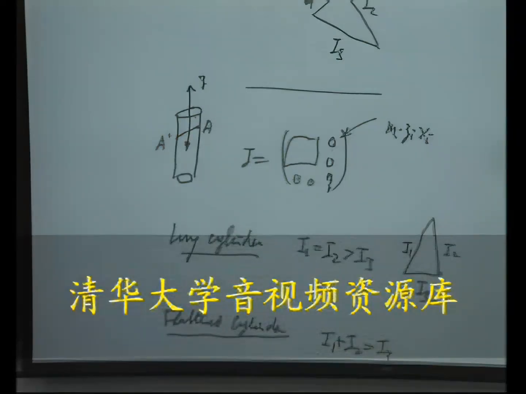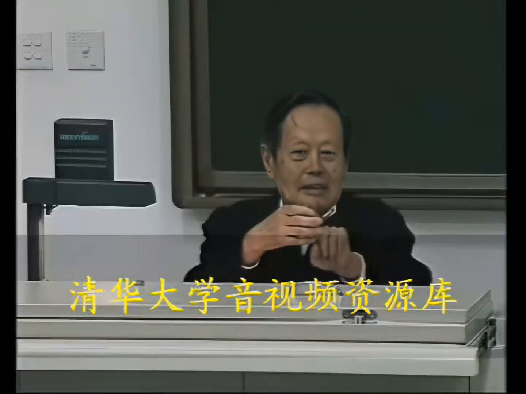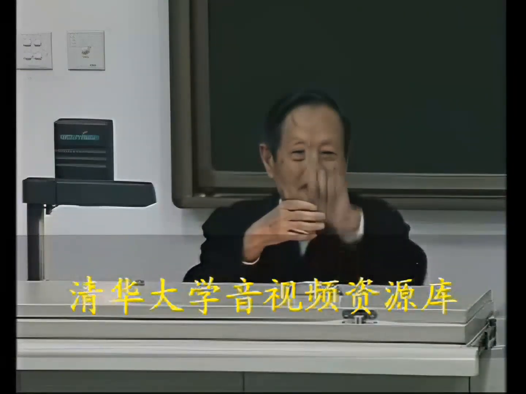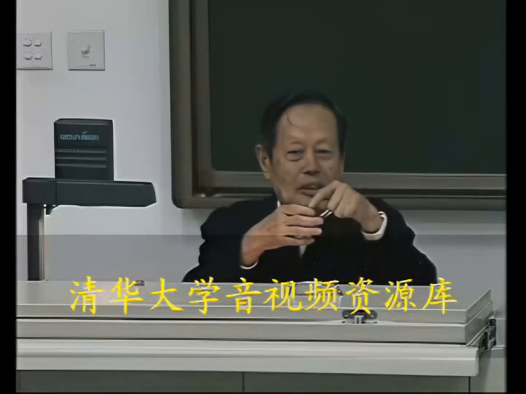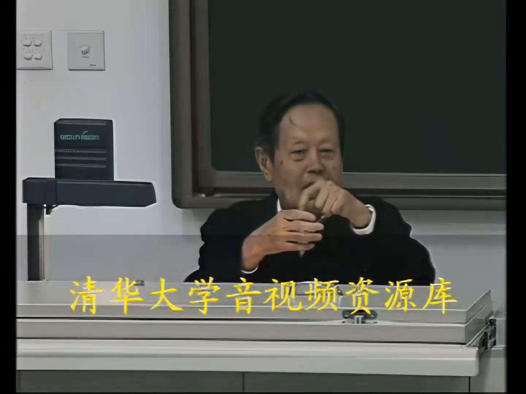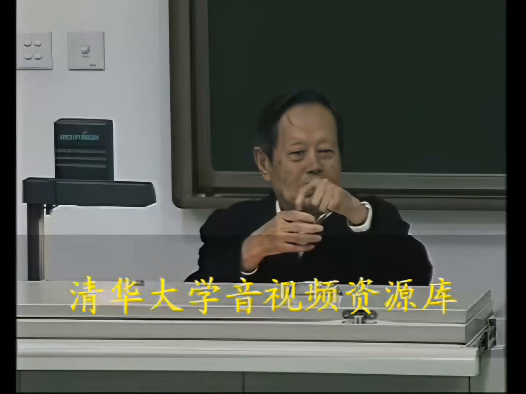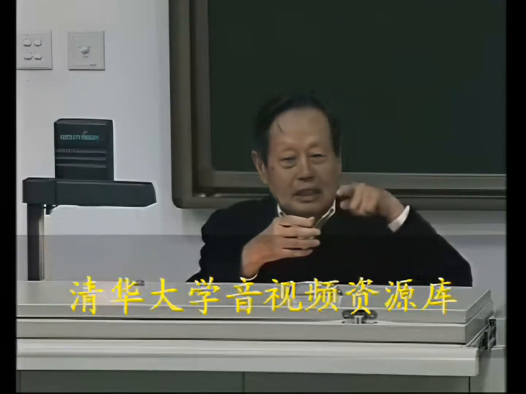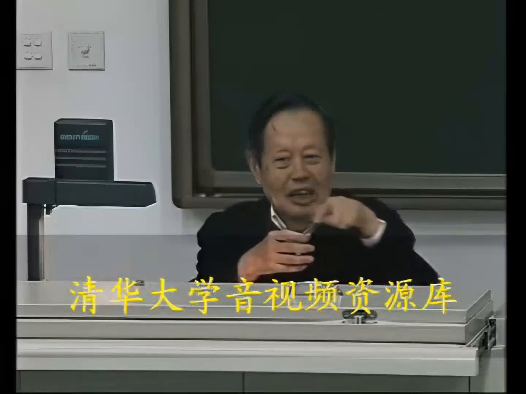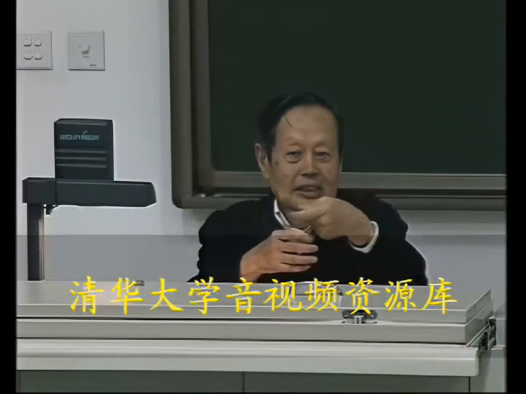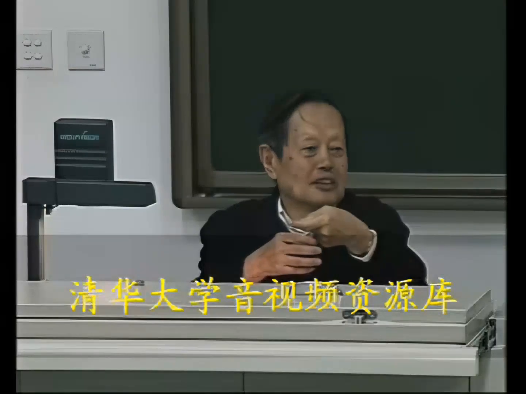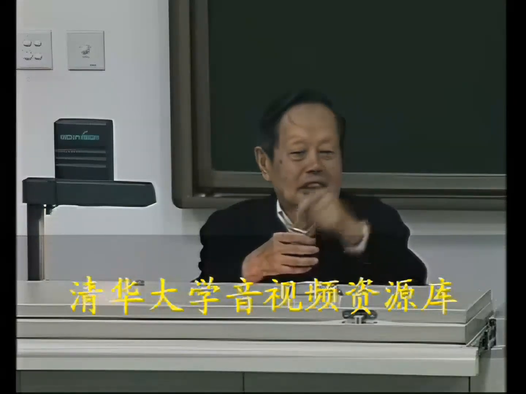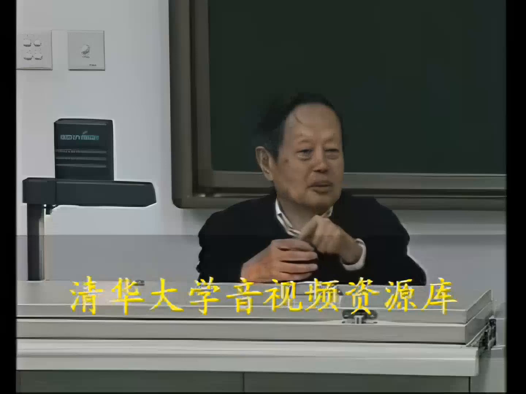This is a disk. By definition, this is the z-axis. So it's summation mi xi squared plus yi squared. That's I3. Take this axis, I1. It has only the sum of y squared. Take this axis, it has only the sum of x squared.